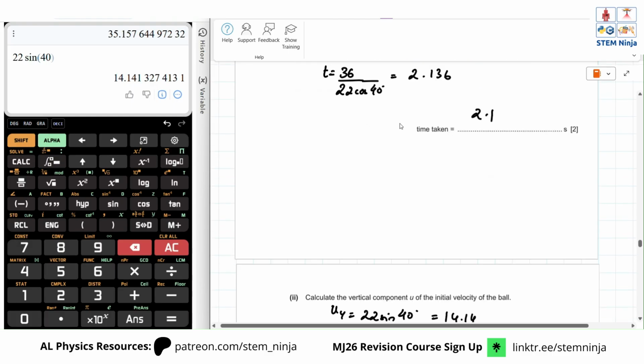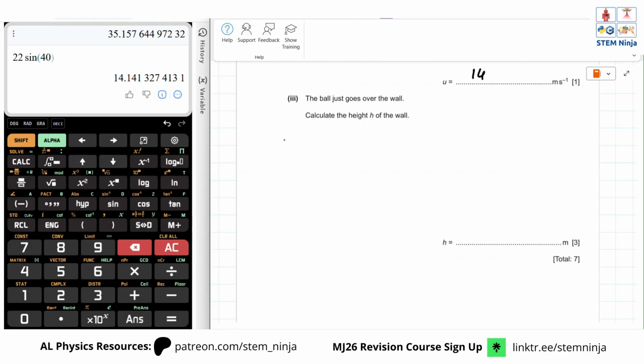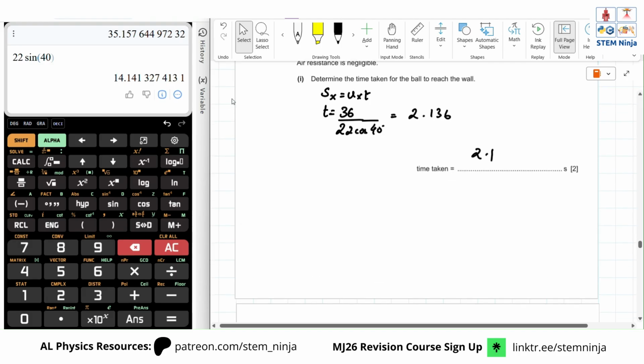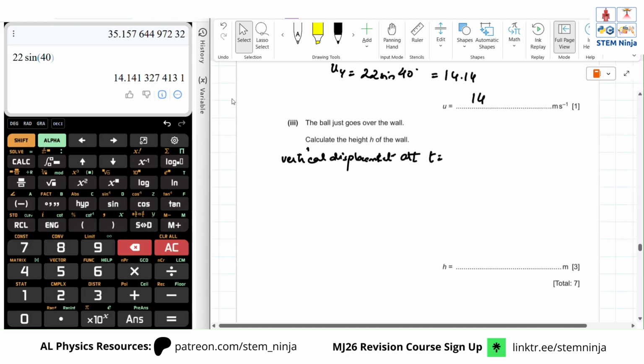So we just need to find out the Sy, the vertical displacement at t equals, what was it, 2.1 seconds.